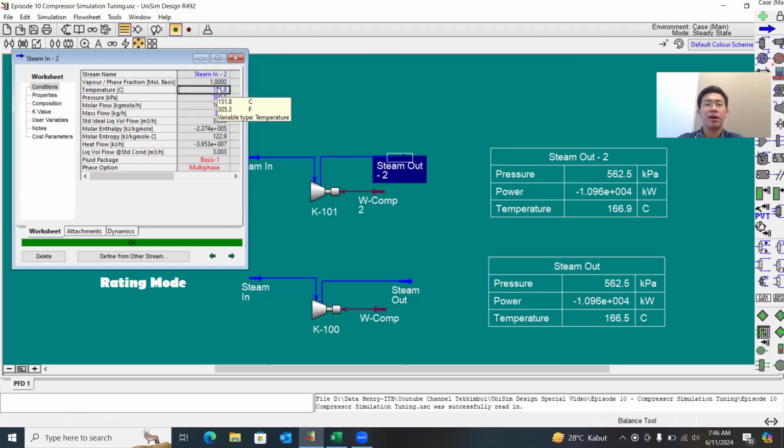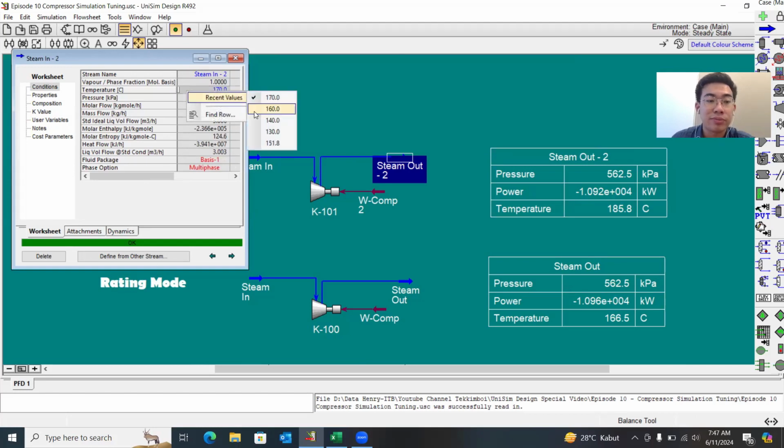The next thing is about the temperature. If I decrease, of course, the temperature of the outlet, sorry, if I increase, maybe because this is at the saturated liquid, it will also increase the temperature of the outlet.